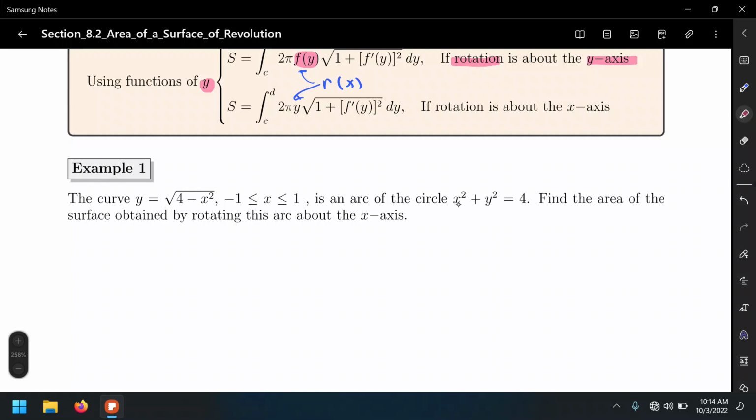Because, number one, question: x squared plus y squared equals 4 is a representation of what geometric figure or what graph? It's a circle. More details about that. What kind of circle? Any other details about that circle?